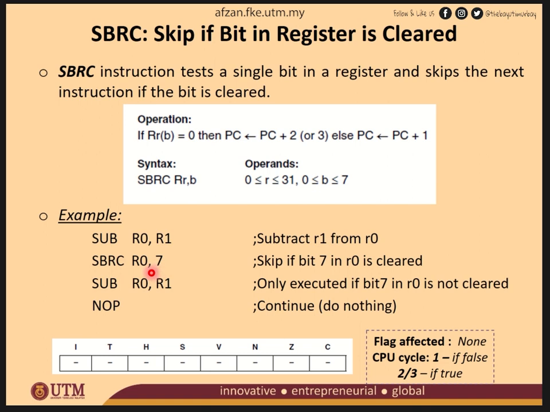If that value is 0 or cleared, then you skip this instruction: you skip SUB R0, R1 and do the NOP. If R0 bit 7 is 1, then you do SUB R0, R1 followed by NOP.